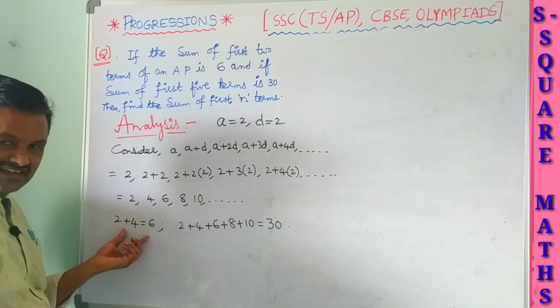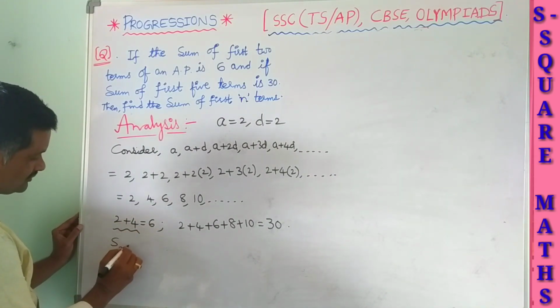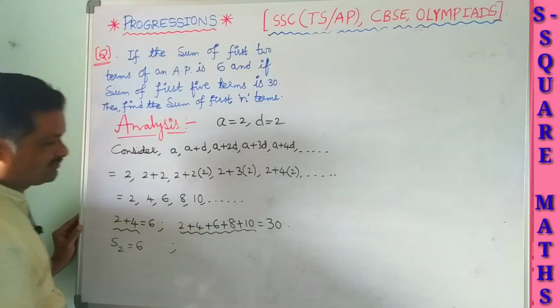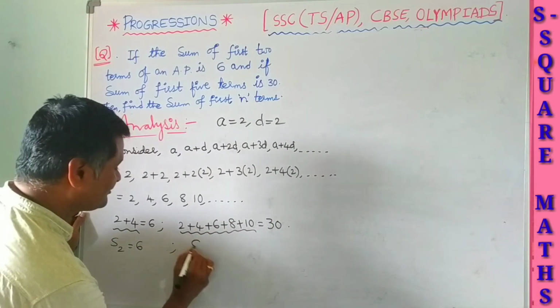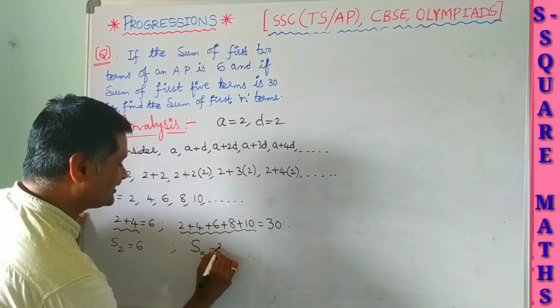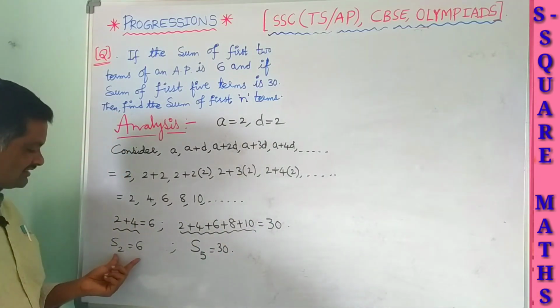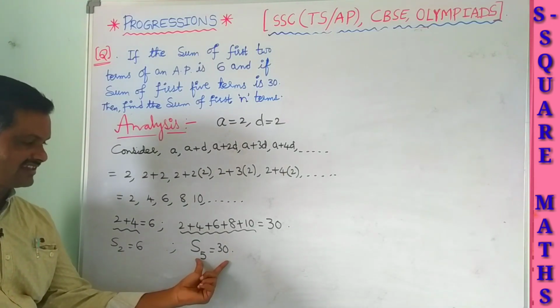So 2 plus 4 indicates what here? It indicates S2, nothing but 6. 2 plus 4 plus 6 plus 8 plus 10, how many terms? 1, 2, 3, 4, 5 terms. Nothing but S5 is equal to 30. Okay. So therefore, the sum of the first 2 even natural numbers is 6 and the sum of the first 5 even natural numbers is 30.